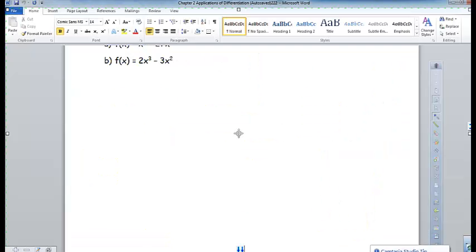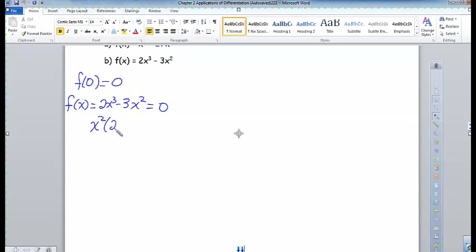F of x equals 2x cubed minus 3x squared. So the first thing we probably could go on and start with is finding the zeros of the function. That'll help us since we've got to do that anyway. So when we look at f of 0, we get 0. Okay, so that's the point. And then if we set this function equal to 0, we can factor off x squared. We're left with 2x minus 3.